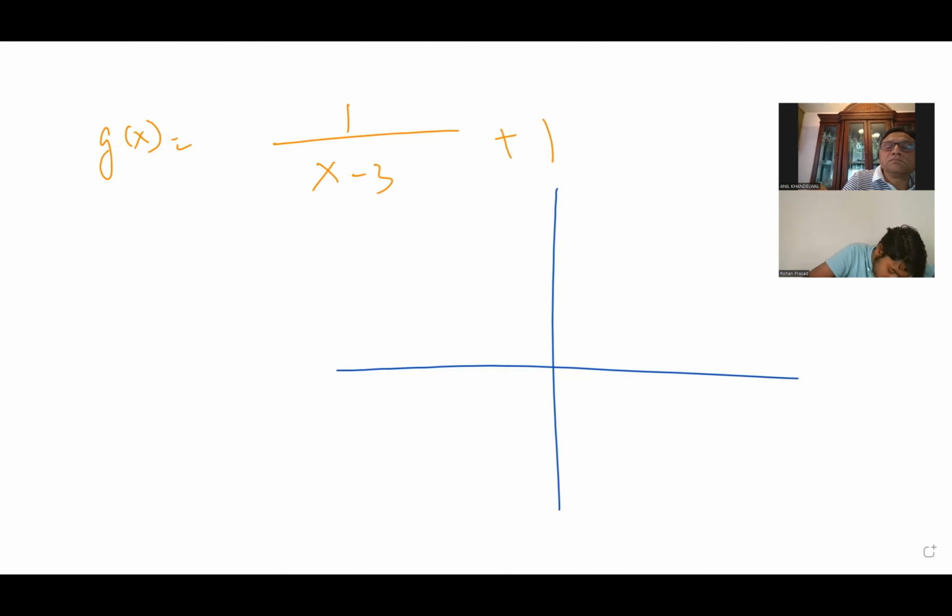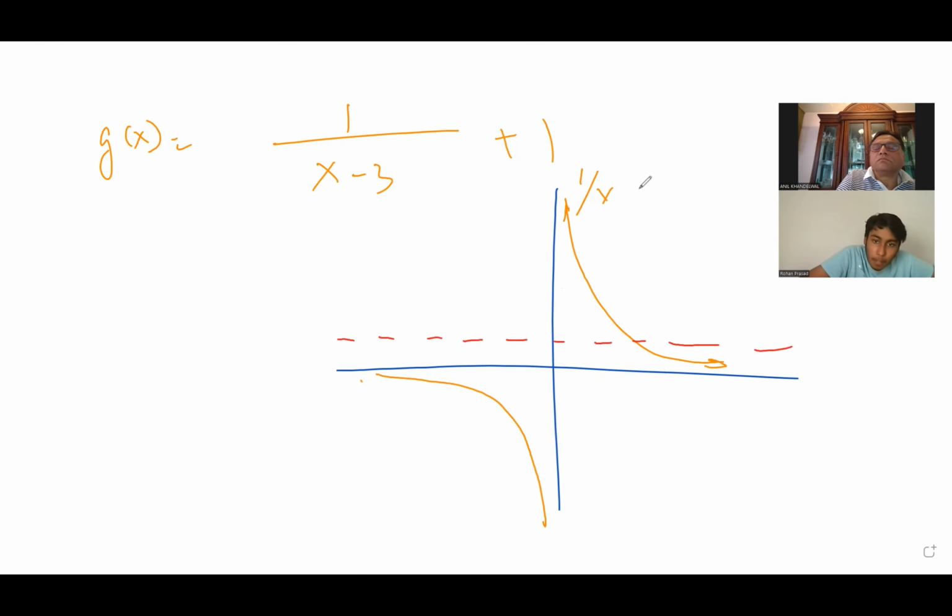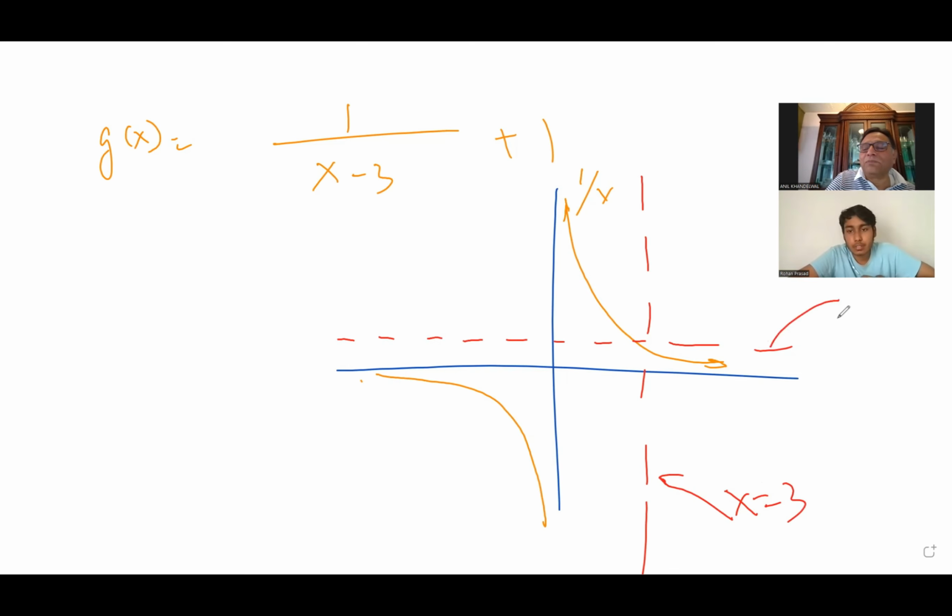So this translates 3 units to the right. That basically means that the vertical asymptote changes to x equals 3. Do you see that from here? Yes, sir. The horizontal asymptote, 1 unit up, means y equals 1.